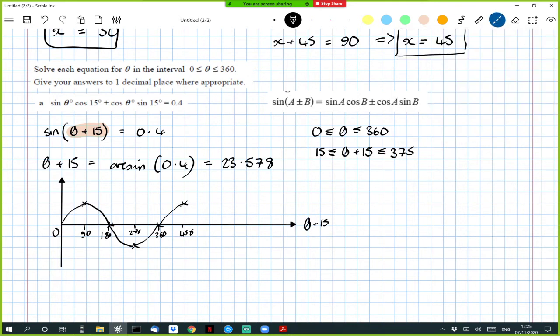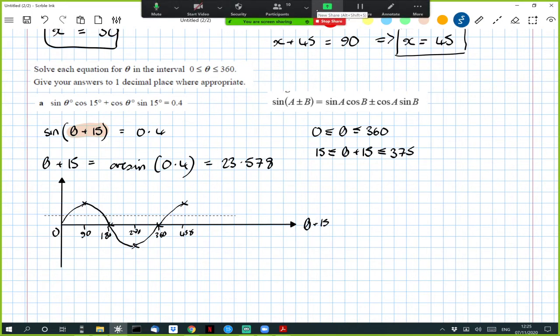Right, so we wanted where sine of theta plus 15 is equal to 0.4. So let's draw a line horizontally, roughly at 0.4. And the potential solutions we've got are here, here, and here, potentially 3 solutions.